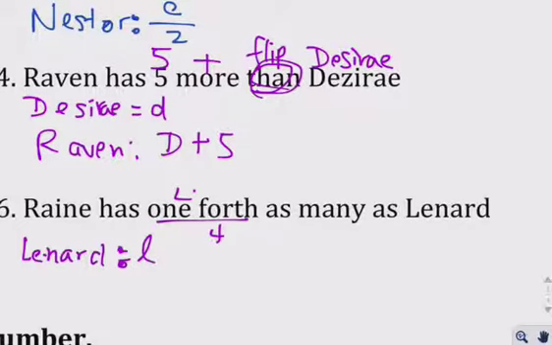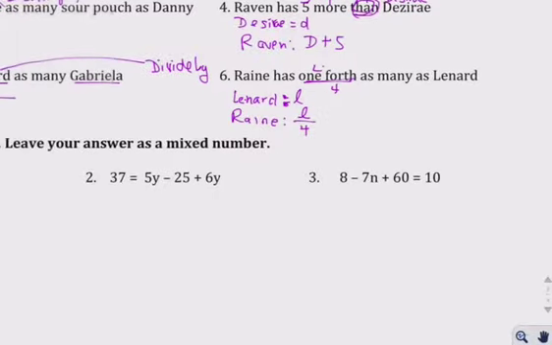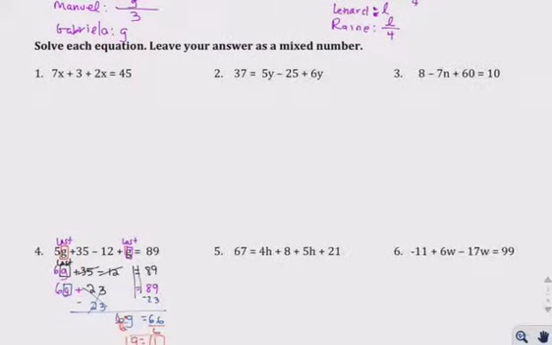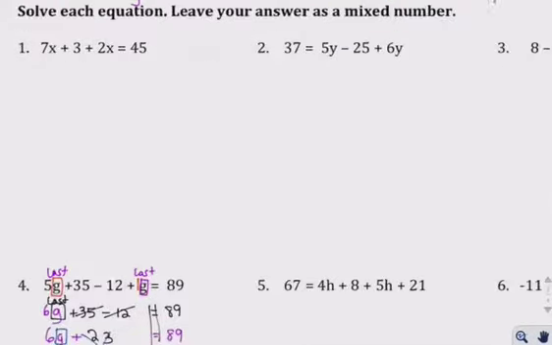This can't be equal because it's an expression. Rain then is Leonard divided by 4. Whatever Leonard is, divide that by 4. That's a 4th.